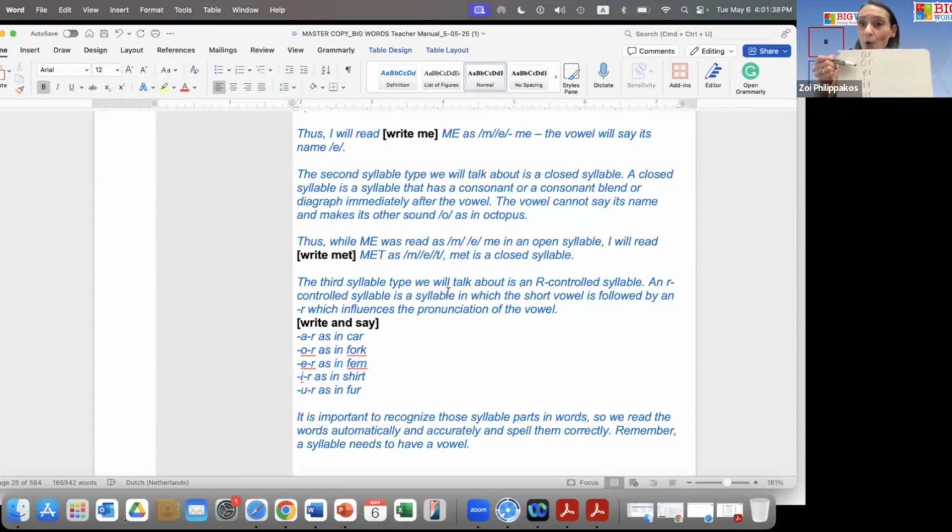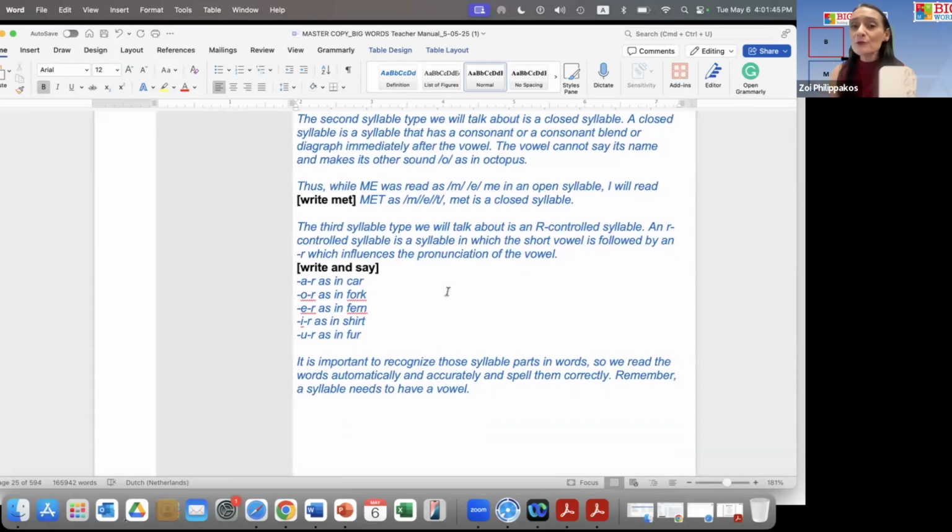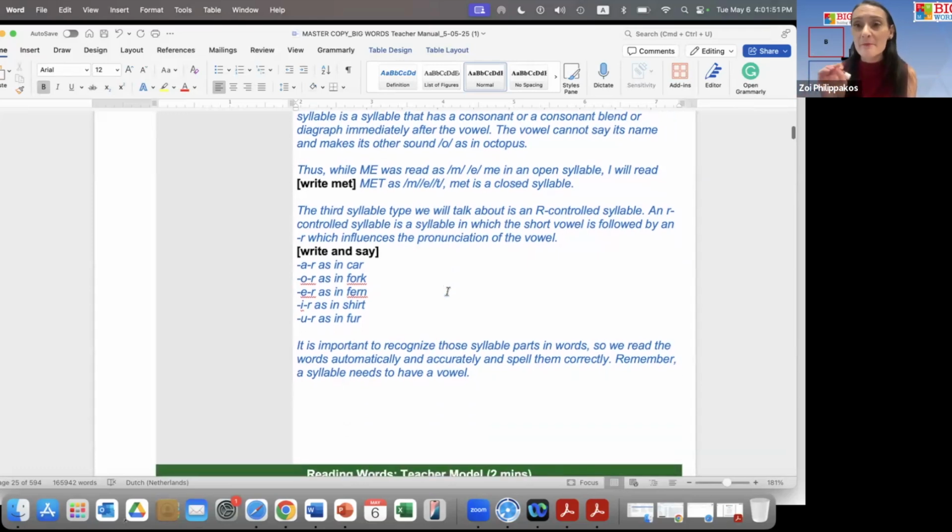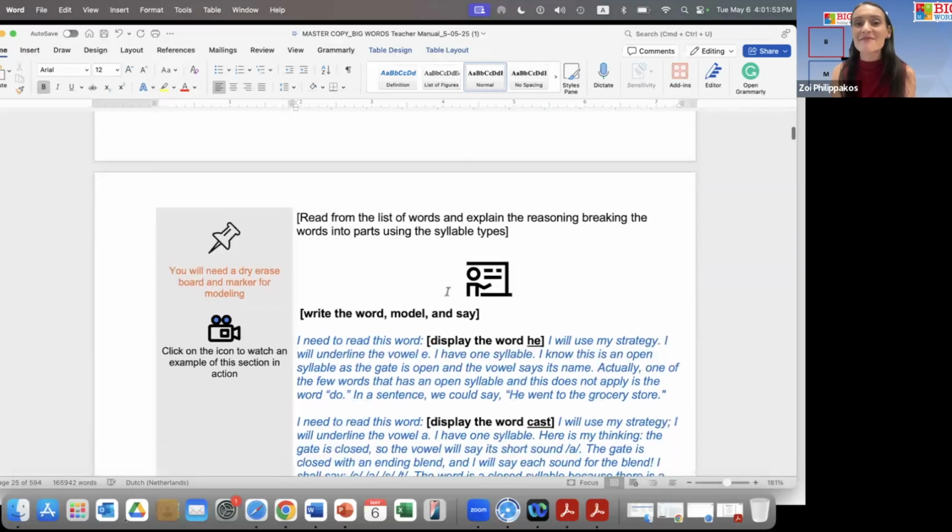So er, ir, ur, they sound the same. So I need to pay attention when I'm spelling. It is important to recognize those syllable parts in words, so we read the words automatically and accurately and spell them correctly. Remember, a syllable needs a vowel.